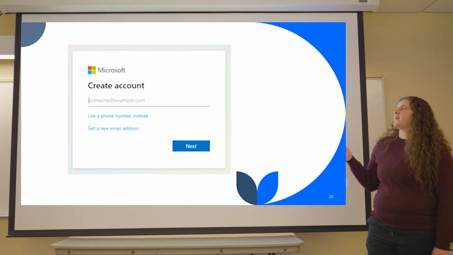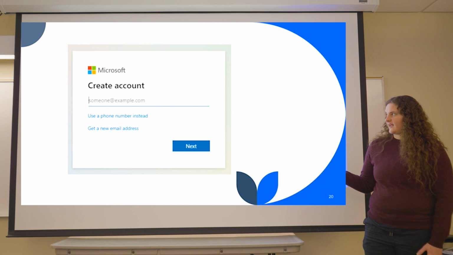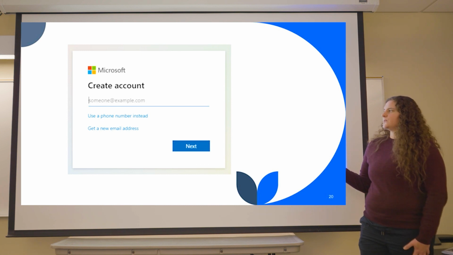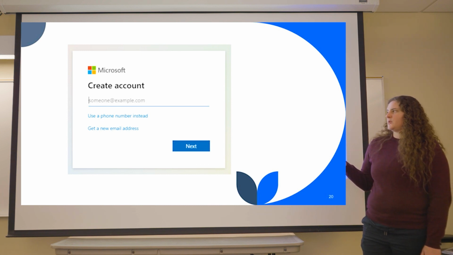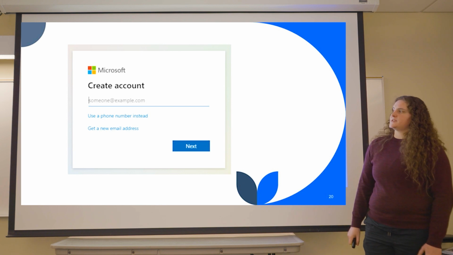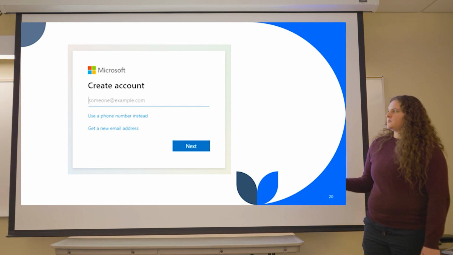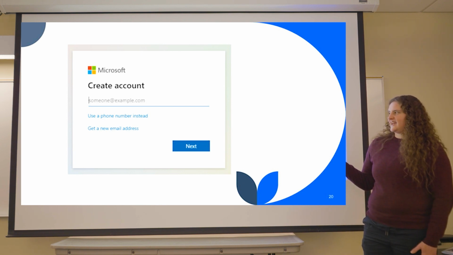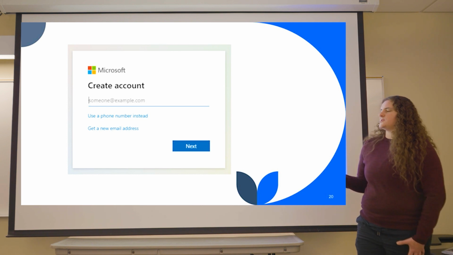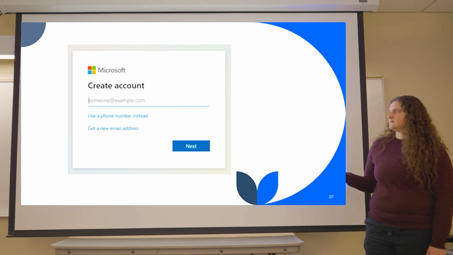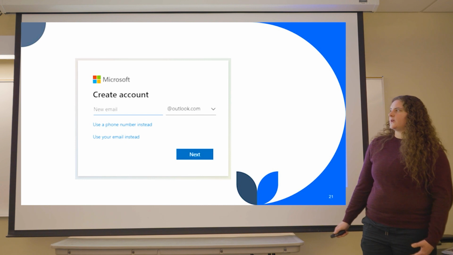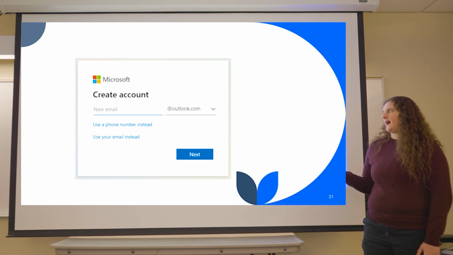Next, I'll be going over how to create a Microsoft Outlook account. So very similarly to Google, you will be prompted to either put in an email address that you already have created. You can use a phone number instead, or you can create a new email address similarly to Google. So I'm just going over how to create a new Outlook account.